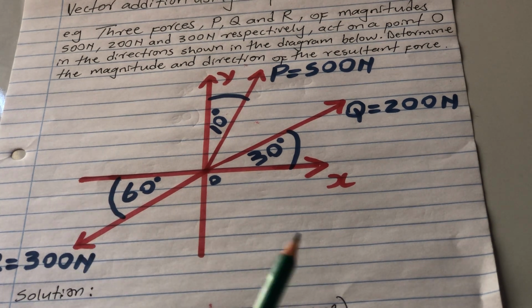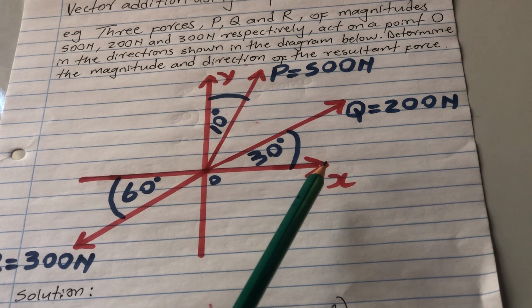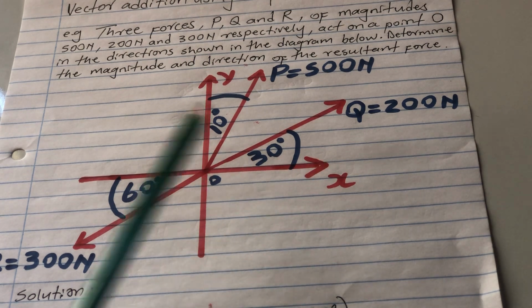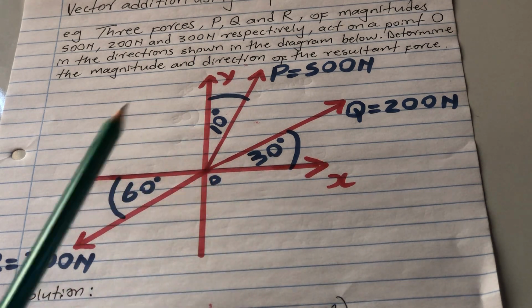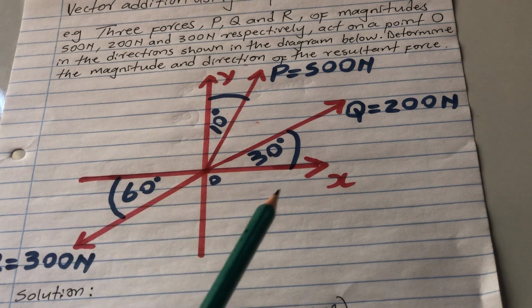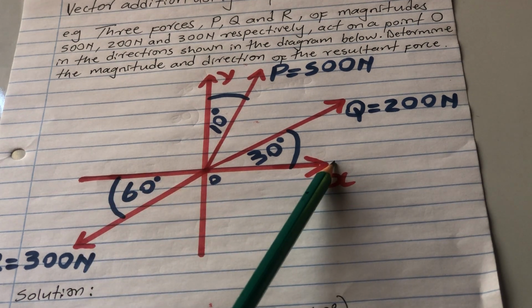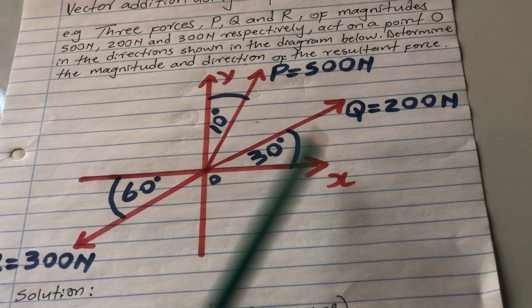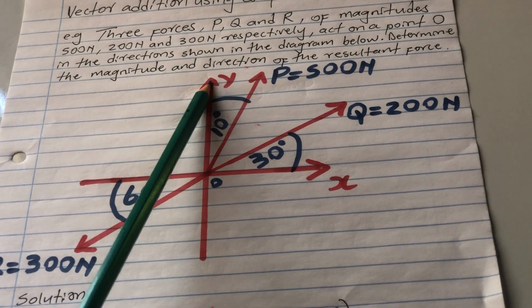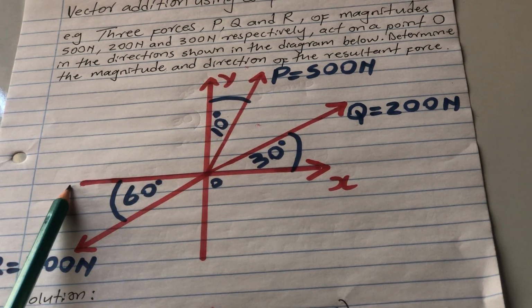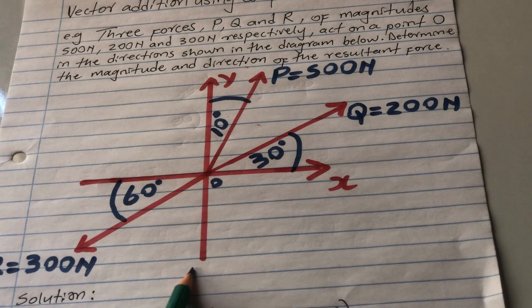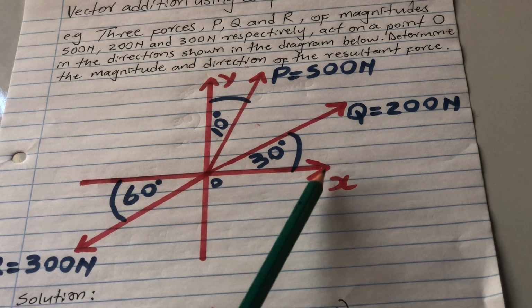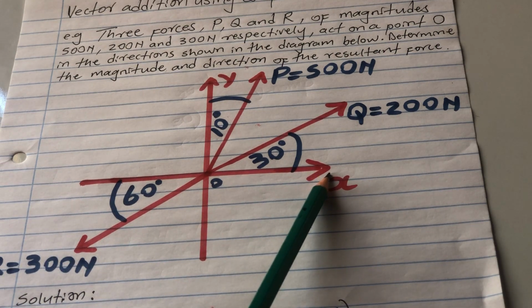So, if we are reading the degrees around this Cartesian plane from this point here, for sure it will be 0 degrees, 90 degrees, 180 degrees, 270 degrees, 360 degrees, which is our revolution.